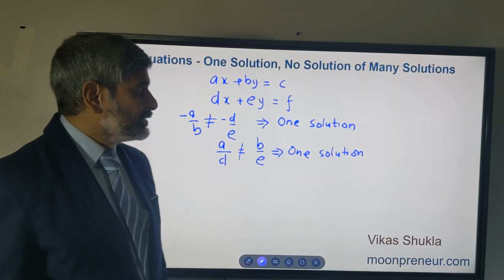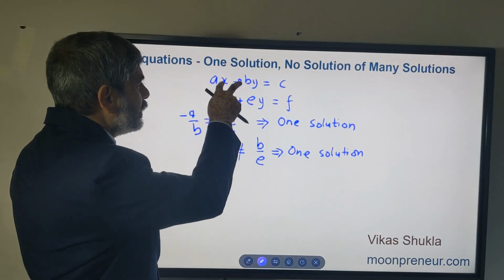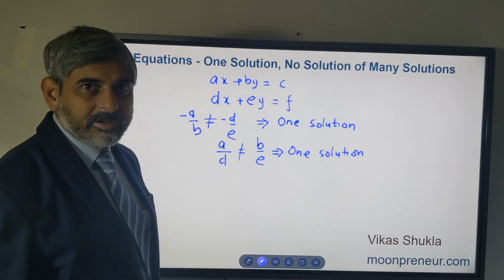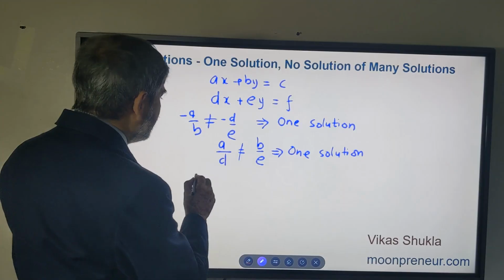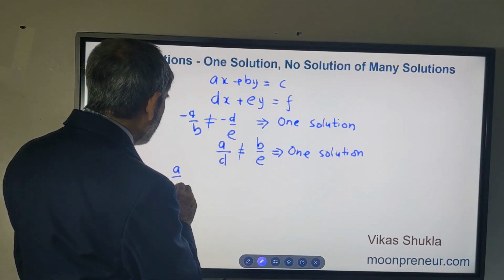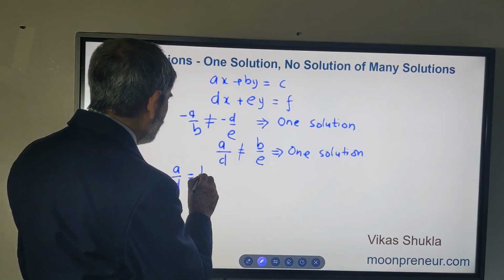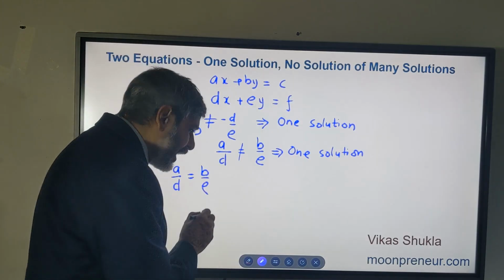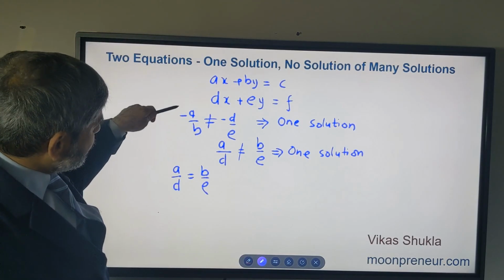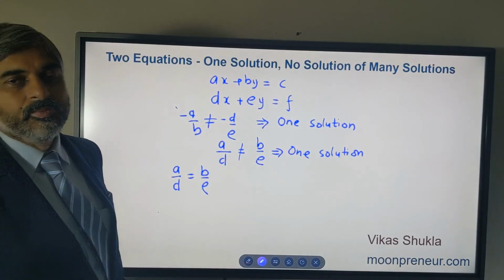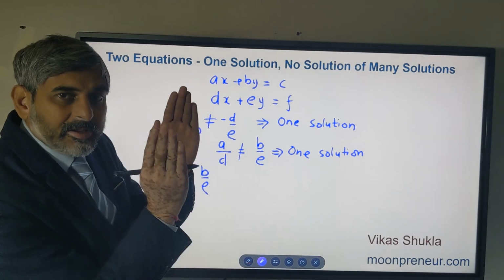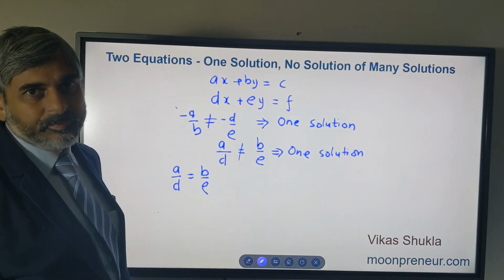Now what happens if their gradients are the same, which means a by d is equal to b by e? If that happens, these two lines are running parallel to each other.